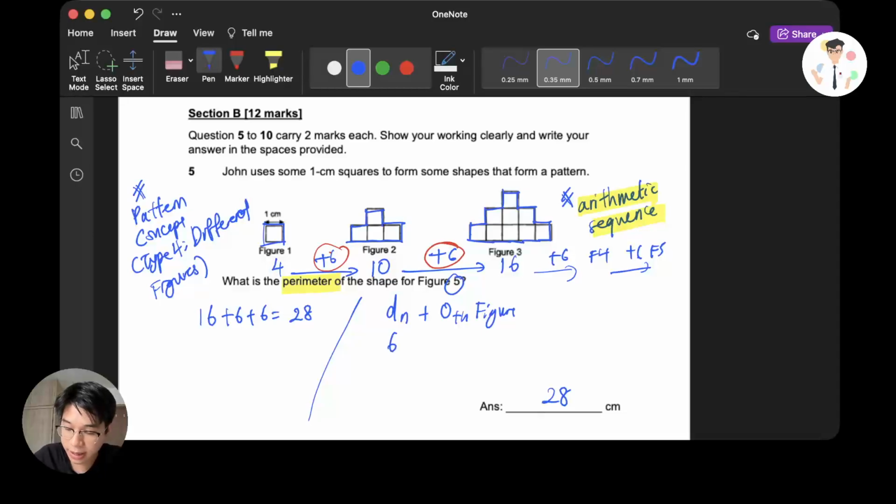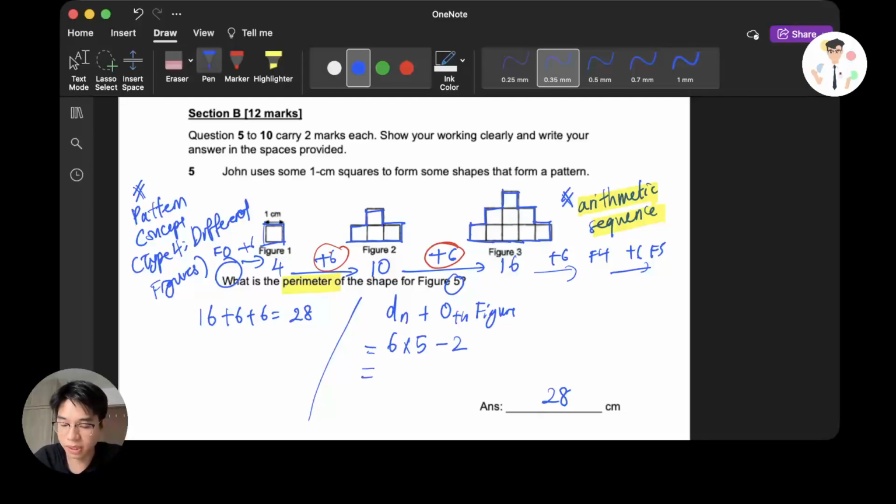So 6. n means the number that we are looking for, which is the targeted number. dn means d times n, so 5. What's my 0 figure? If I have a figure 0 here, what will be the number here? So I know it's something plus 6 to become 4, right? So probably it will be minus 2. Okay? So minus 2.